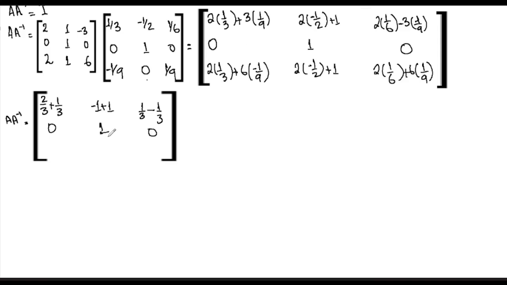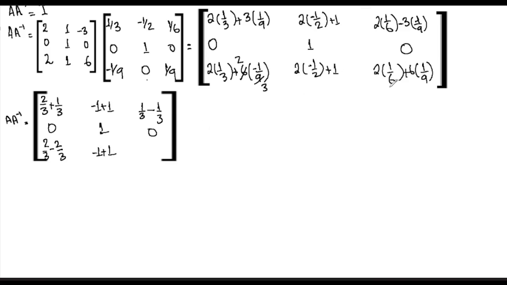Now we have 2 into 1 by 3 gives us 2 by 3, and then plus 6 into minus 1 by 9. 3 2s are 6 and 3 3s are 9. So we have minus 2 by 3 over here. Then we have 2 into minus 1 by 2 gives us minus 1 plus 1.